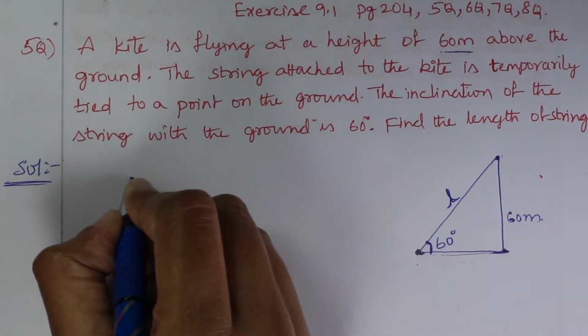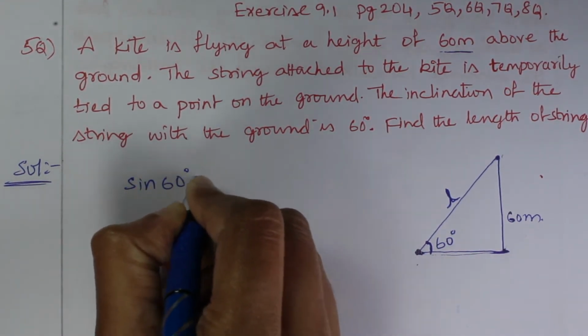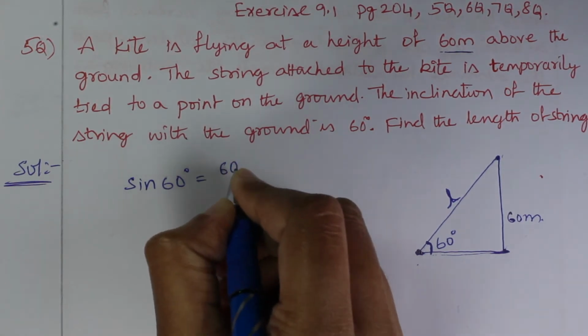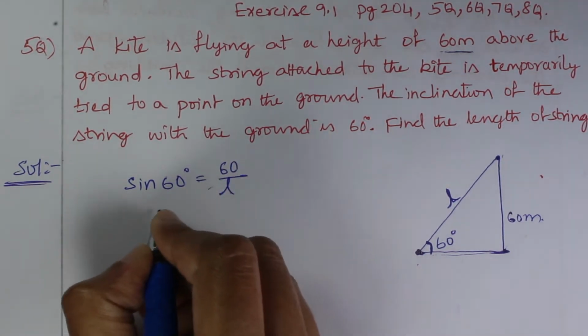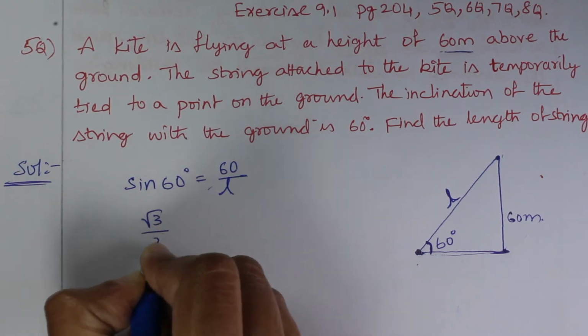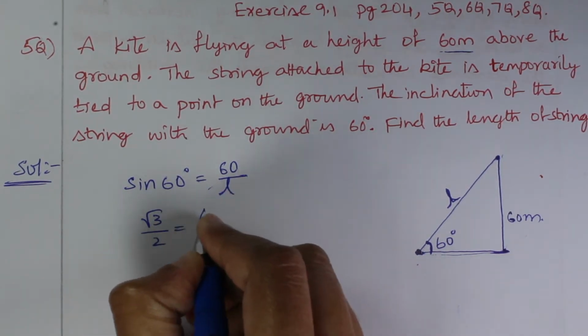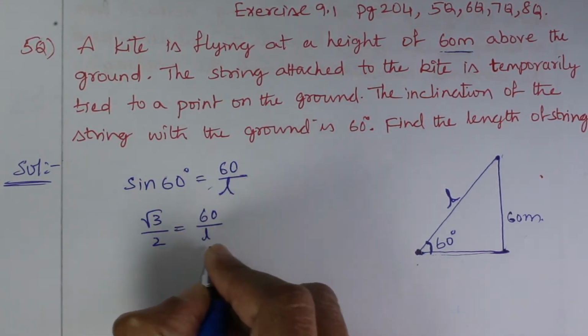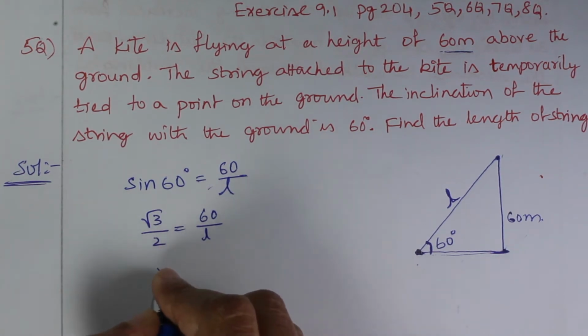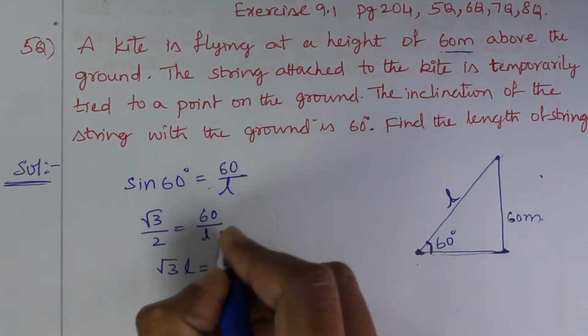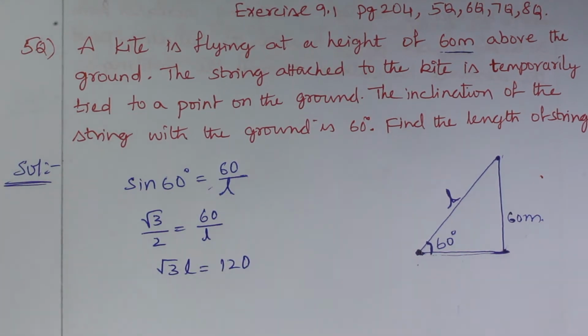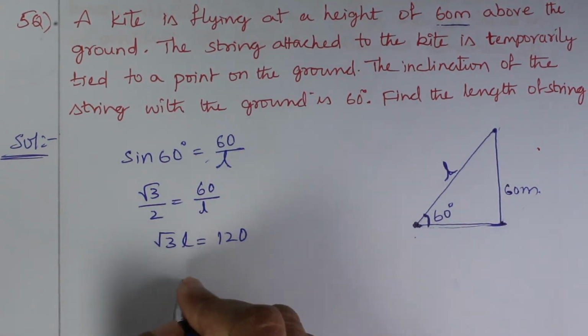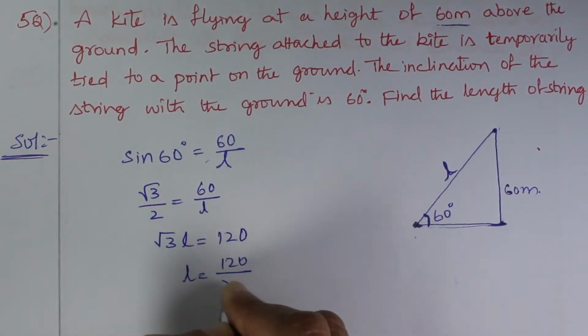So let us see. Sine 60 degrees is equal to 60 divided by L. Sine 60 degrees is root 3 by 2. Root 3 by 2 is equal to 60 by L. Root 3 L is equal to 120. Now L is equal to 120 divided by root 3.